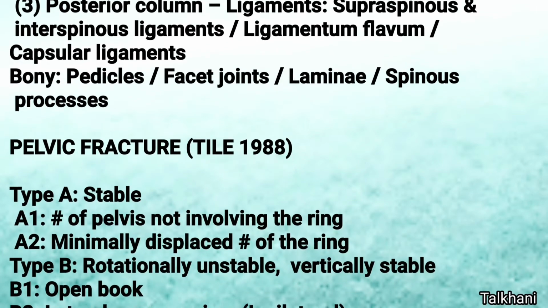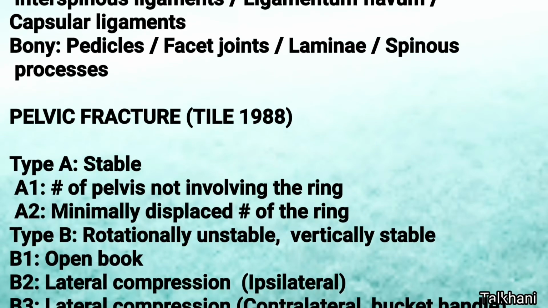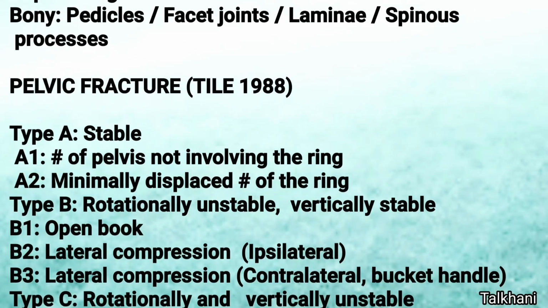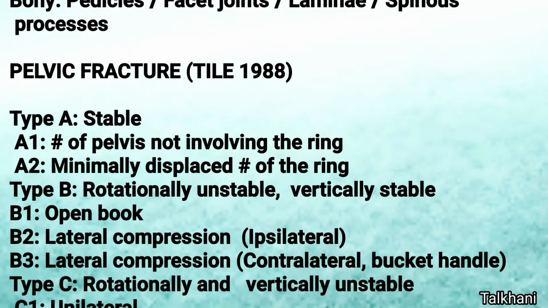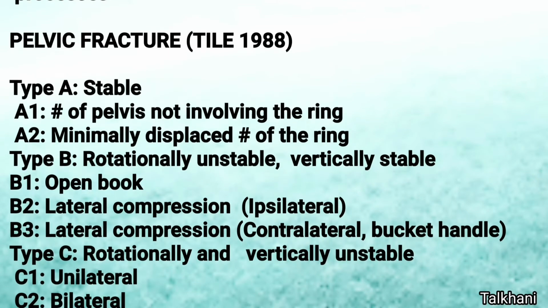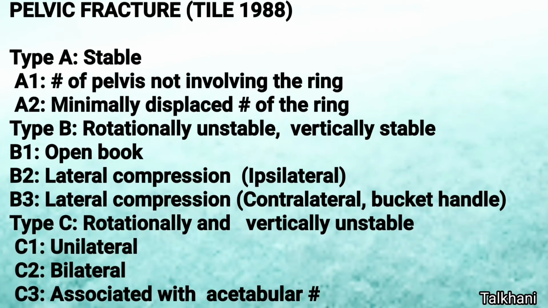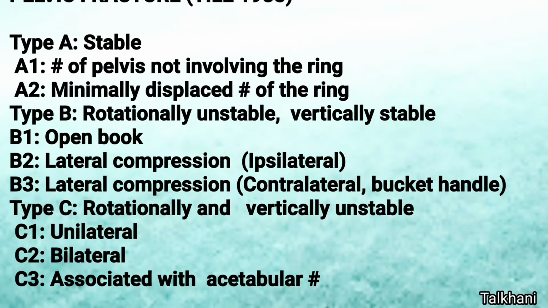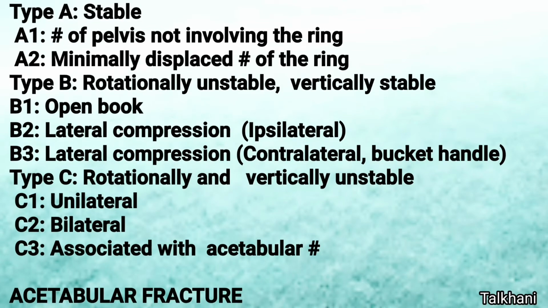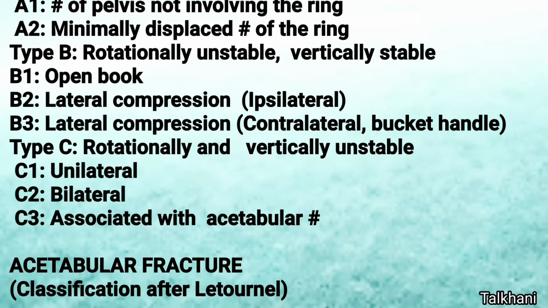Pelvic fracture classification by Tile 1988 is: type A, stable pelvic fractures, A1 fracture of pelvis not involving the ring, A2 minimally displaced fracture of the ring. Type B, rotationally unstable but vertically stable pelvic fractures, B1 open book fracture, B2 ipsilateral lateral compression fracture, B3 contralateral bucket handle lateral compression fracture.